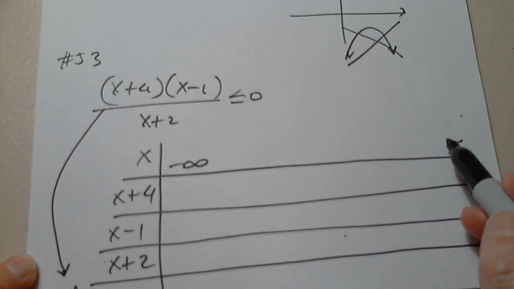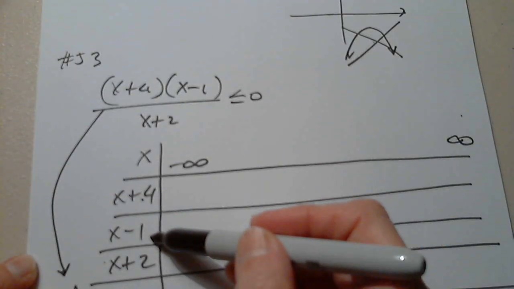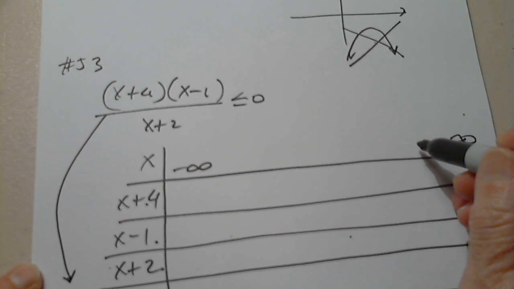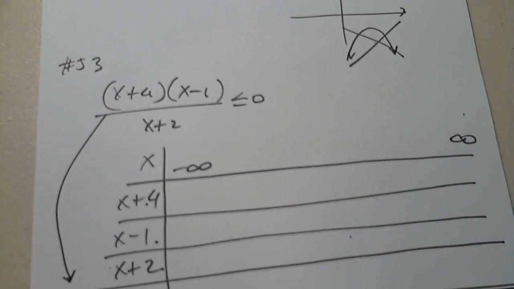Then I have to find where this is 0, where this is 0, where this is 0, and be very careful to put them in ascending order, in the correct order from left to right.